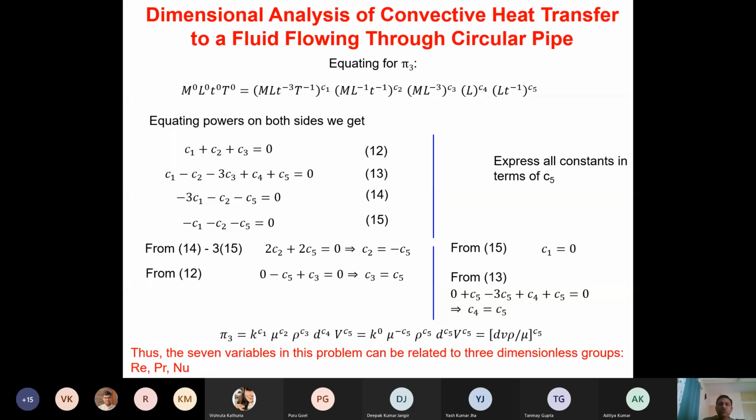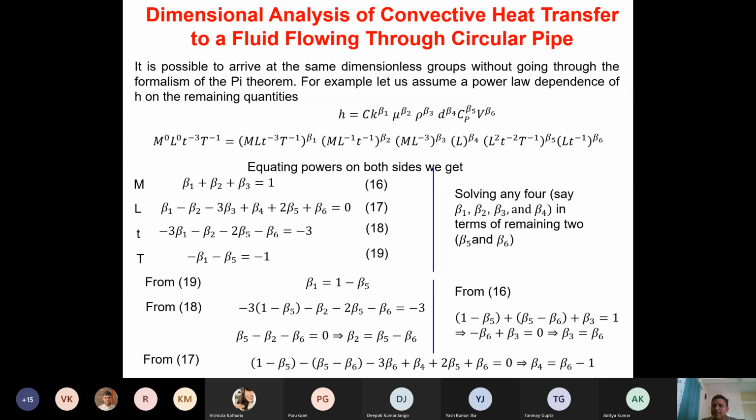So this is what we have seen so far. Now let us extend our analysis a little bit further. Buckingham theorem, as I said, is silent about what form of correlation we will be having. So for a given system, let us assume arbitrarily, again I am saying arbitrarily, that a power law dependence is present between h and the other remaining quantities.